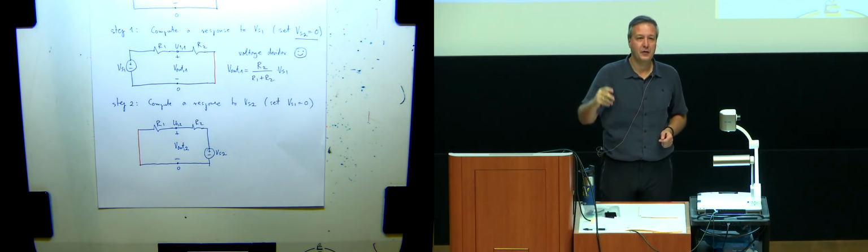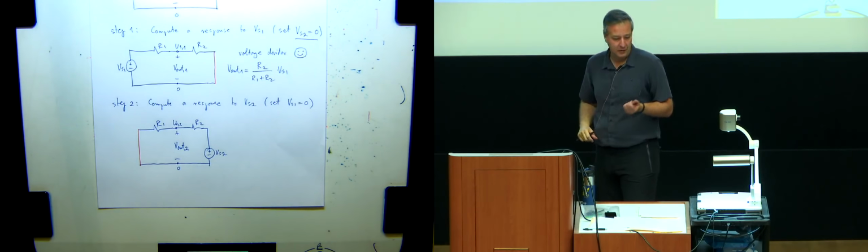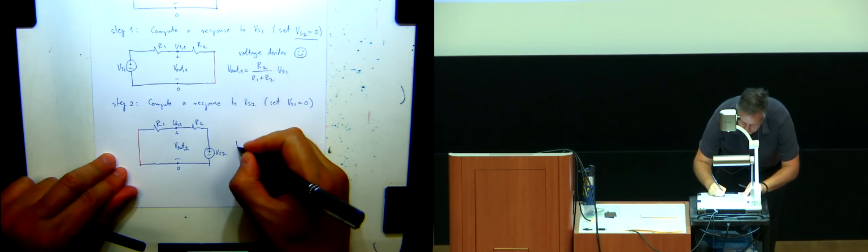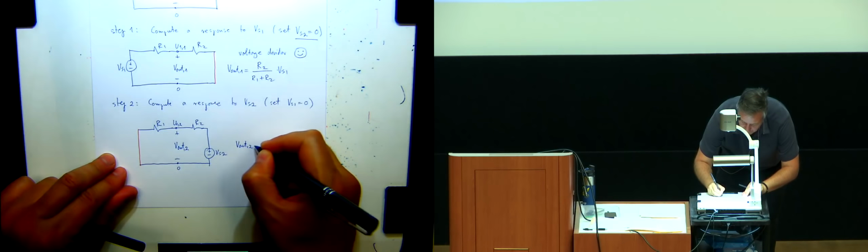Now, maybe take 30 seconds, talk to your neighbor. Tell me, and after that I want to know what is V out 2.